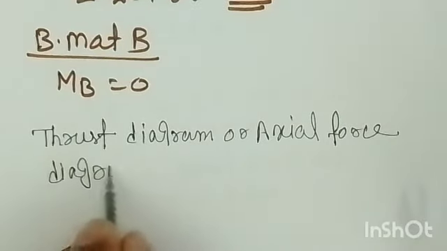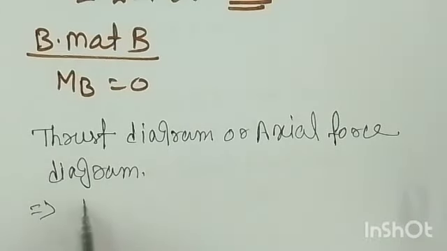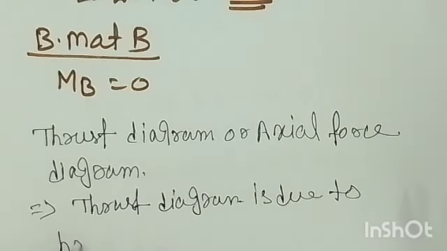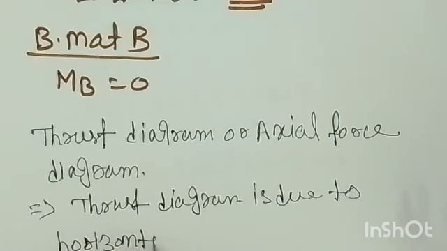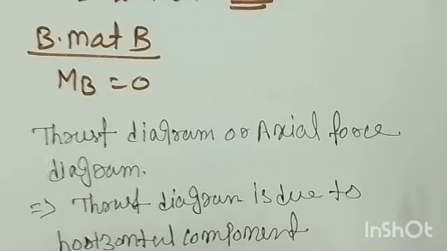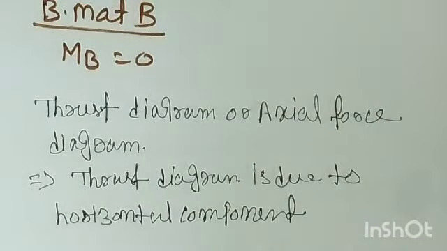So for the thrust force diagram, you can make a point that the thrust diagram is due to the horizontal component, including the horizontal reaction, right? So first of all, you'll find out the horizontal means axial forces at A, C, D, E. Okay, now let's do that.